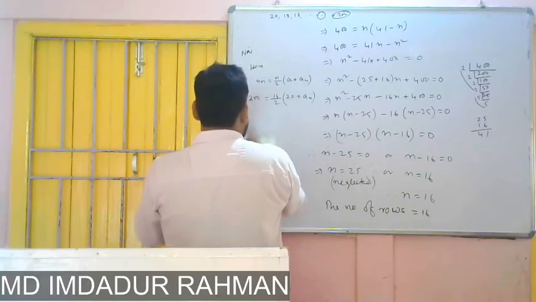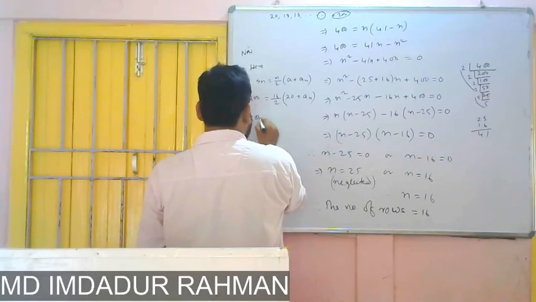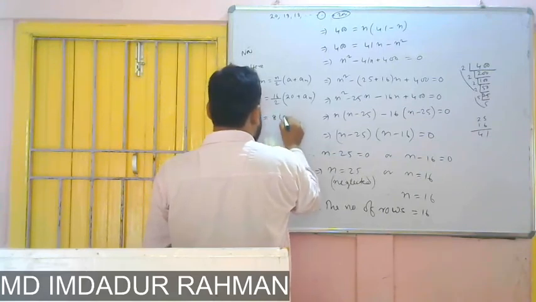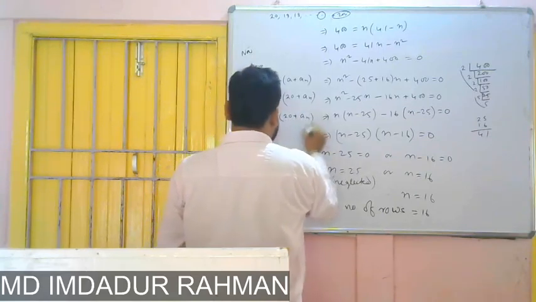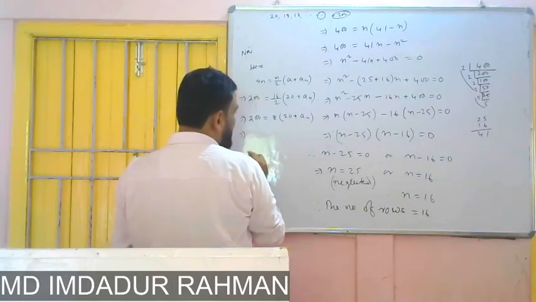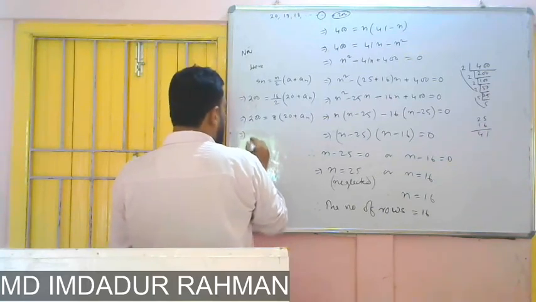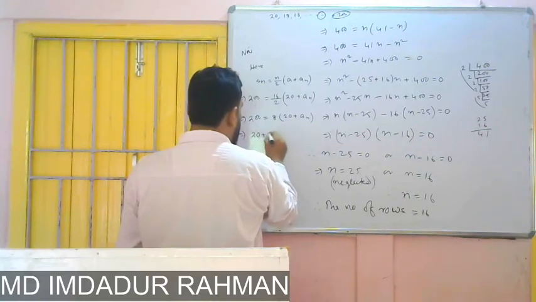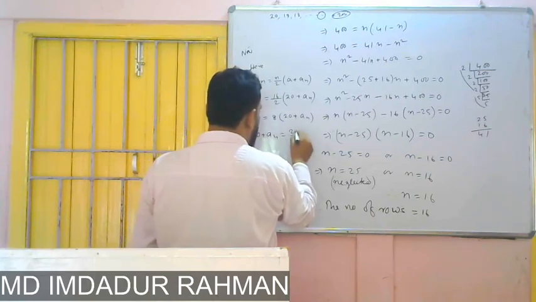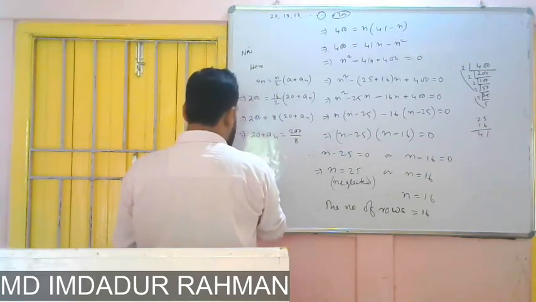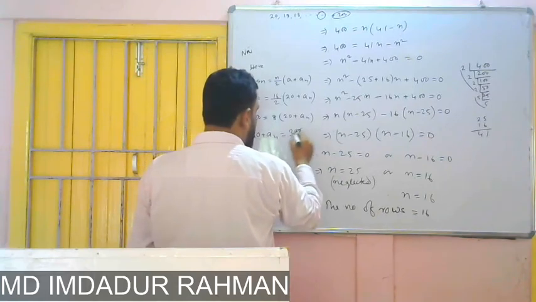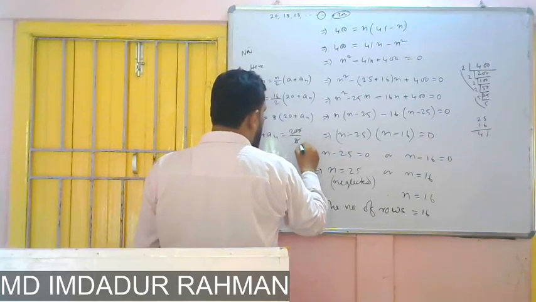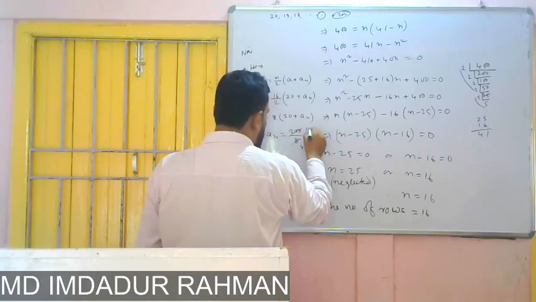Implies 200 is equal to 8 into 20 plus an, implies 20 plus an is equal to 200 by 8, implies 25.